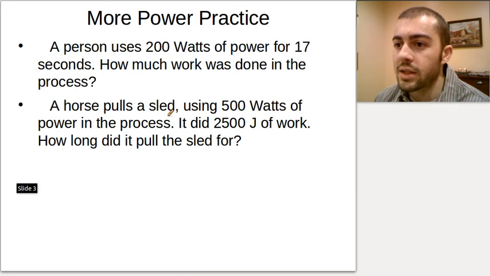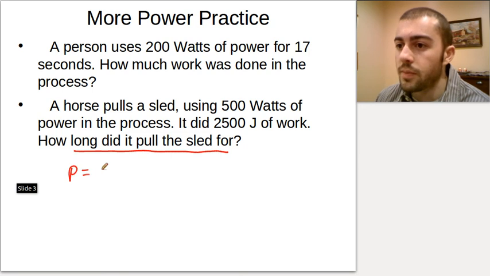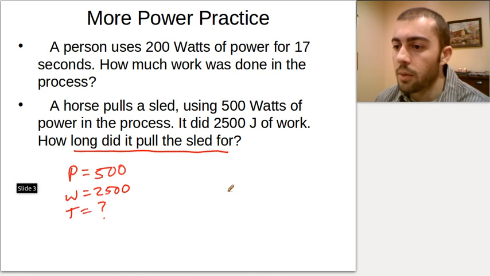So for this last example, we have a horse using 500 watts of power and doing 2,500 joules of work in the process. How long did it pull the sled for? This is asking for the time. So we have power is 500 watts, work is 2,500 joules, and the time is our unknown. The triangle is a pretty easy way to do this one.